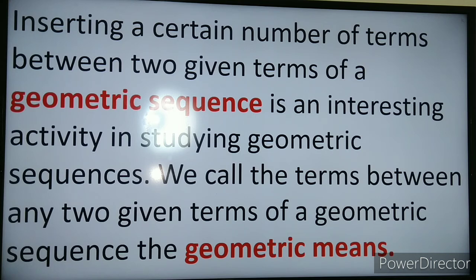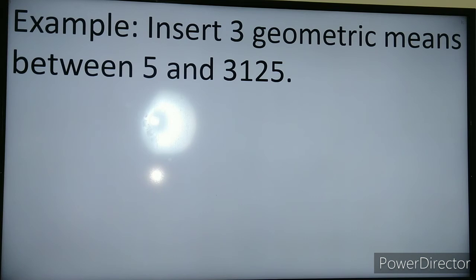So when we insert, given two terms, one or more terms, we call them geometric means. Example: insert 3 geometric means between 5 and 3,125.